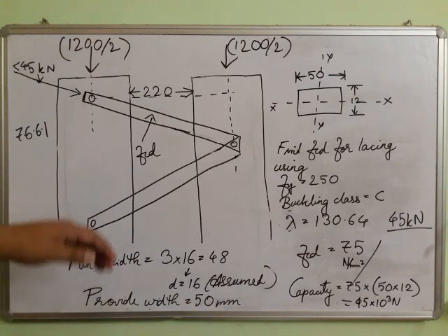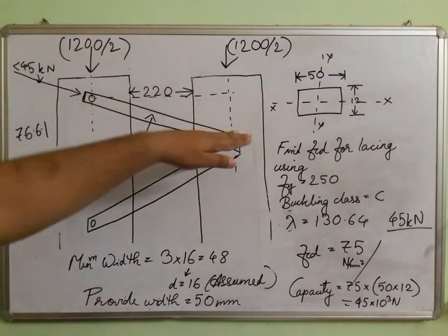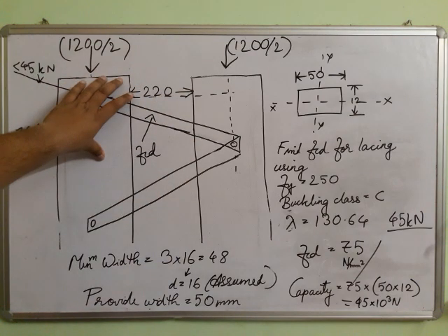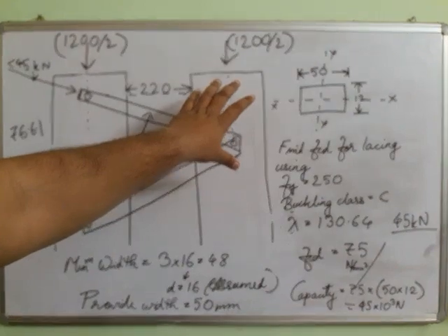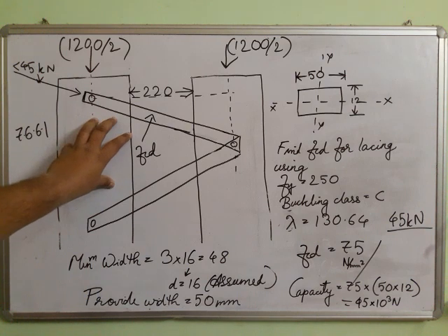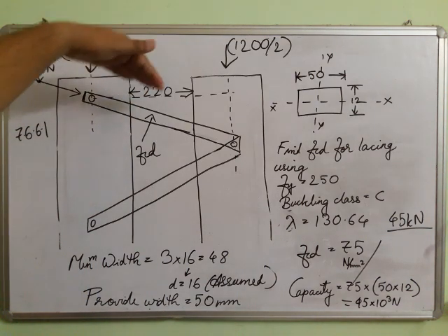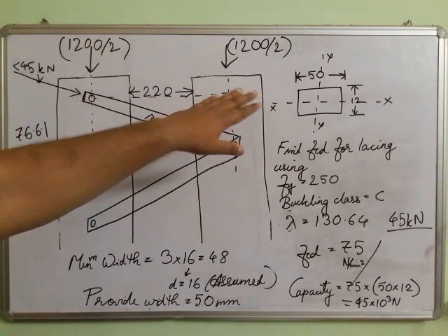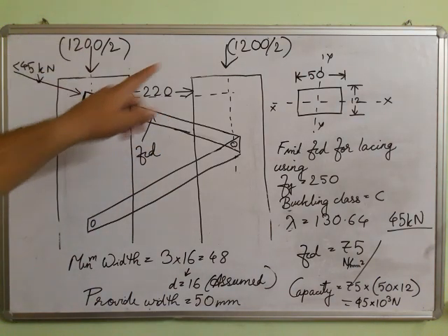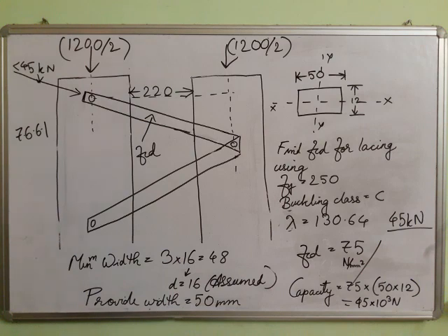The load is a total of 1200, so each will take half of it, 600 here and 600 here. Each panel will not take 1200 directly. 1200 is the total load, and it is divided among the two channel sections. So this is 600, this is 600.